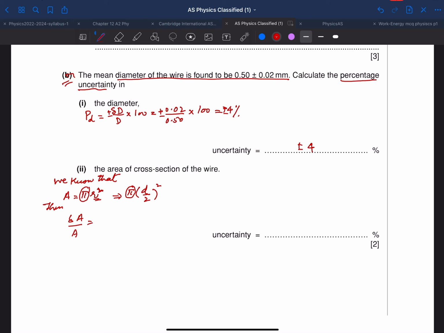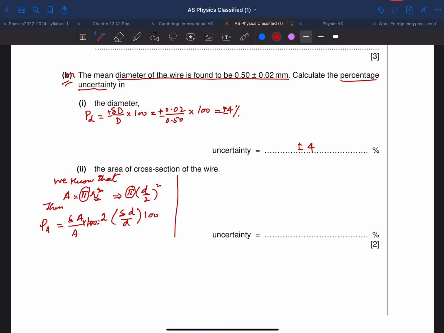So simply you can write 2 del d over d into 100. This will give you the percentage uncertainty, and of course here you have to multiply by 100 as well. So this will give you the percentage uncertainty in your area.